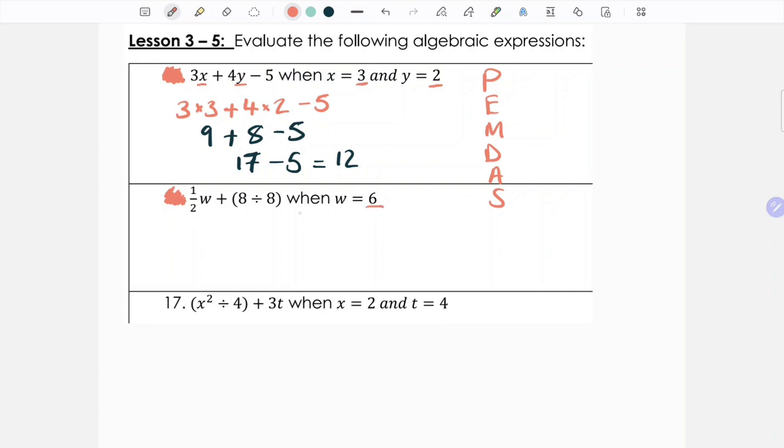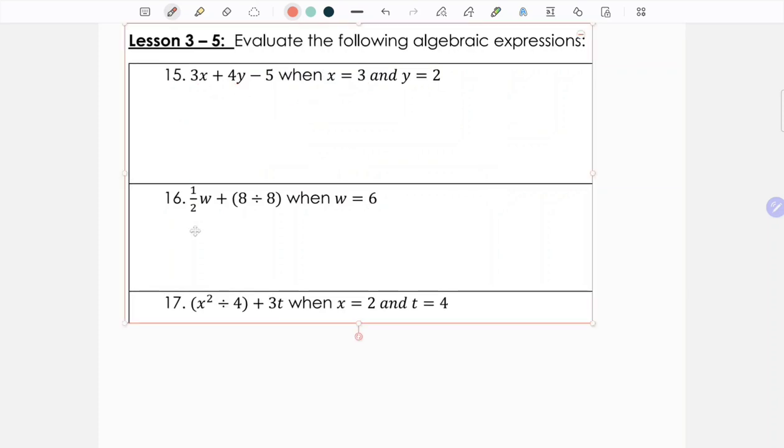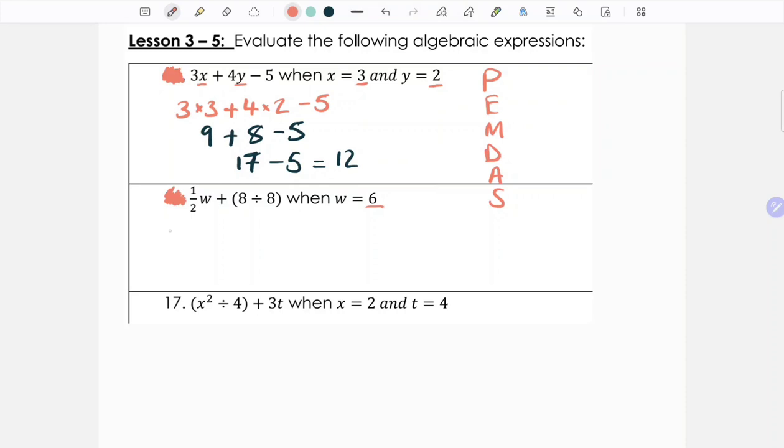So let's just write that expression and replace the W. So we've got half times, we said W is 6, so times 6 plus 8 divided by 8 in brackets. So we've rewritten the expression and we've just replaced the W.